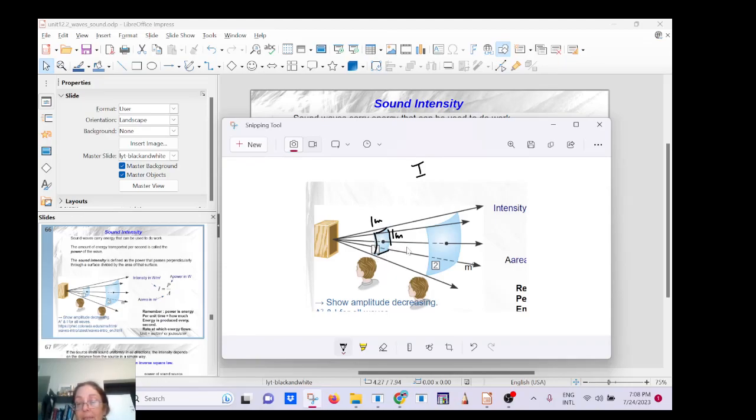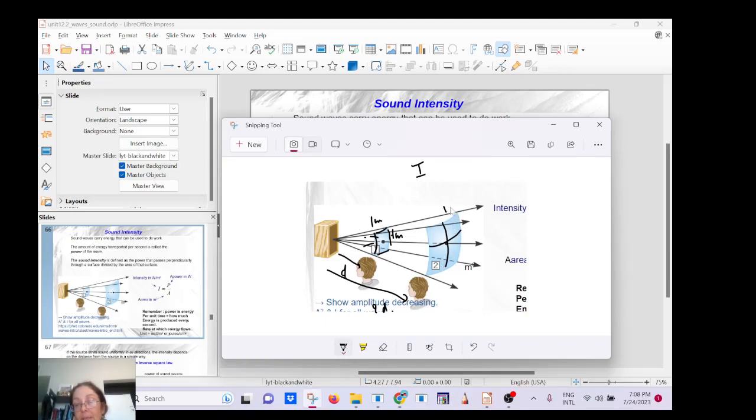If you are located farther away, so maybe the distance is multiplied by 2, so this is a distance d, and that's going to be a distance 2d, you see that the same amount of energy, flowing here, is going to spread out over 4 times the area.